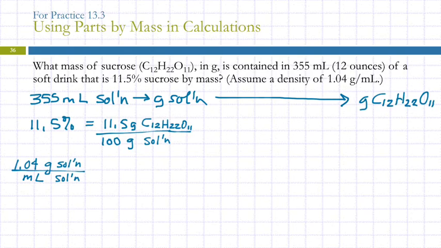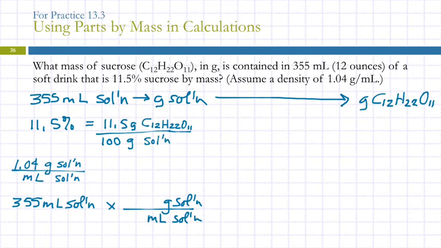So now that we have the path, we can just do the problem, because the path is going to tell us what to do. We start with the starting thing, 355 milliliters of solution. We have two arrows, so we're going to have two factors. The first factor has grams of solution in the numerator and milliliters of solution in the denominator because we want those to cancel out.